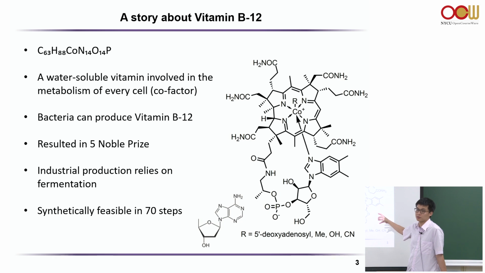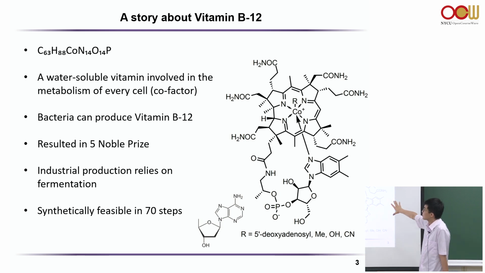Sometimes it's more efficient than making it in the lab. But knowing how to make it is a capability that you can develop over time. So organic chemists are very ambitious in trying to produce what nature does. For those who are interested, I have a book called A Molecule That Changed the World. Feel free to flip through it after class.